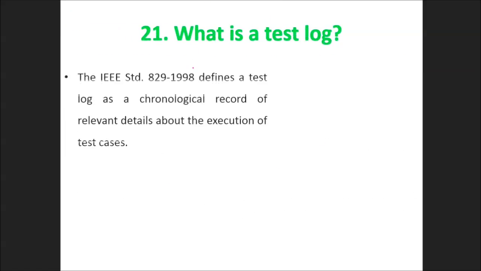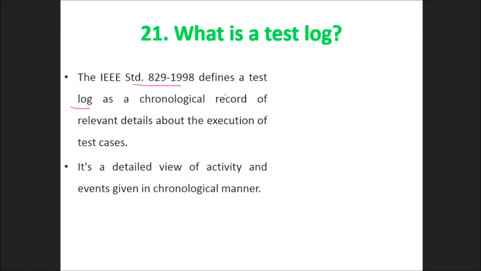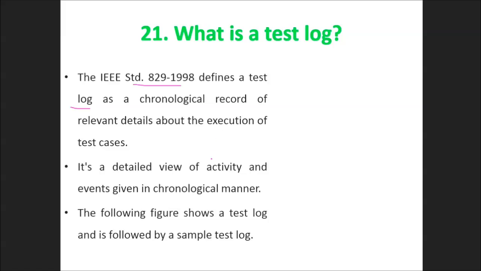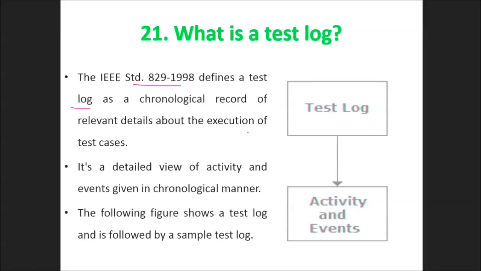And what is a test log? IEEE standard 829-1998 defines a test log as a chronological record of relevant details about the execution of test cases. So it is a detailed view of activity and events given in a chronological manner. This figure shows a test log and is followed by a sample test log.